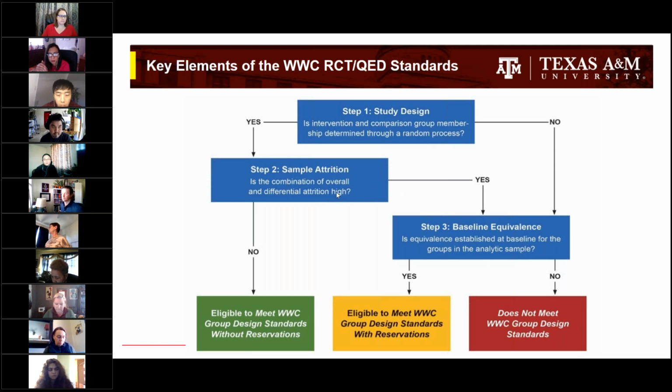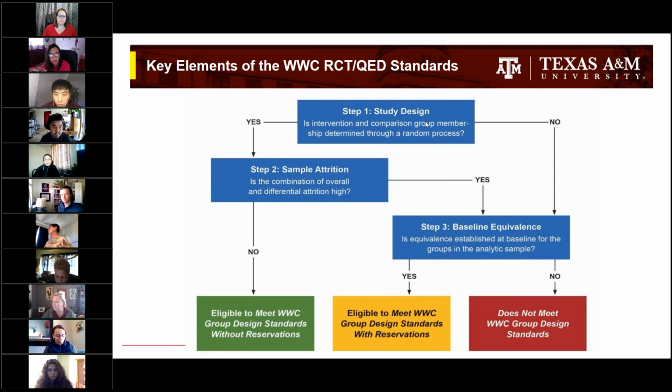In the next slides, we will talk about what attrition is, and what overall and differential attrition are. And then the third step is baseline equivalence: whether equivalence is established at baseline for groups in the analytical sample.